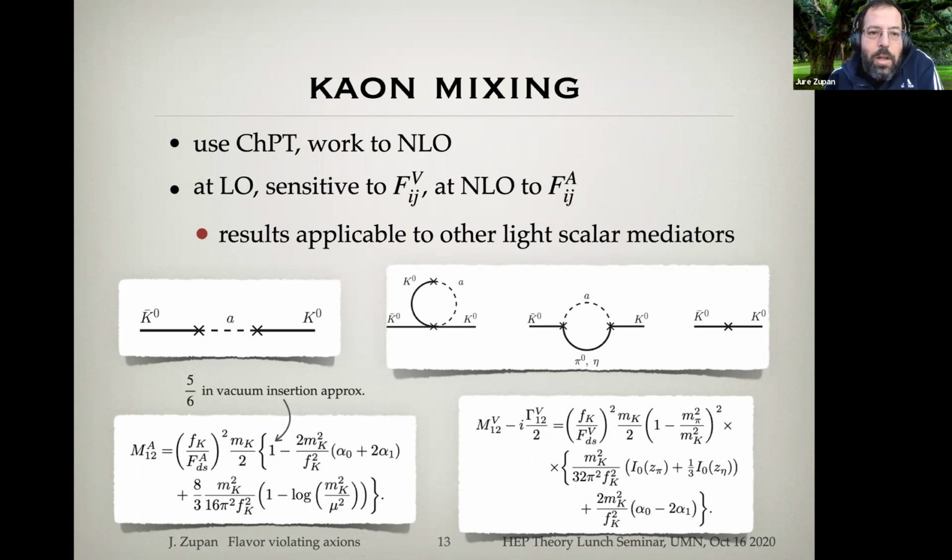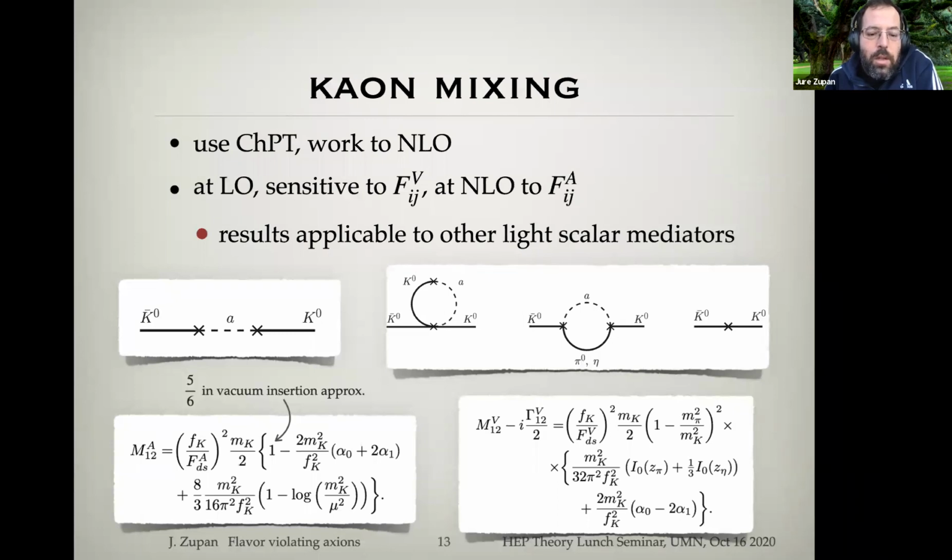So what are the approximations in the bounds that I'm showing, or we derived from mixing? There are 2. The first one is that at order p to the 4, there are these counterterms, just the ChPT counterterms, that are not known, because now I have a light degree of freedom that changes the values of these couplings. So we set them to 0.